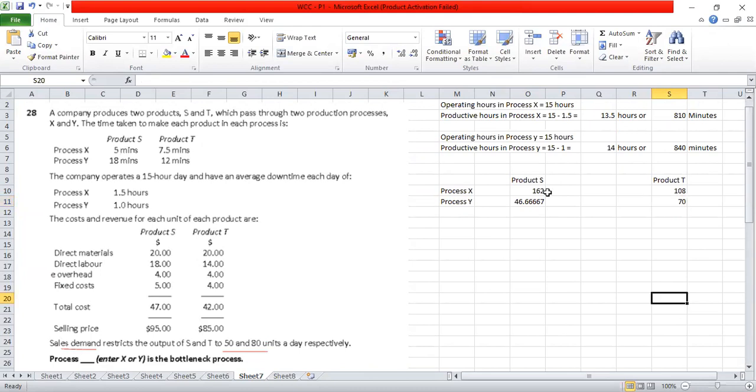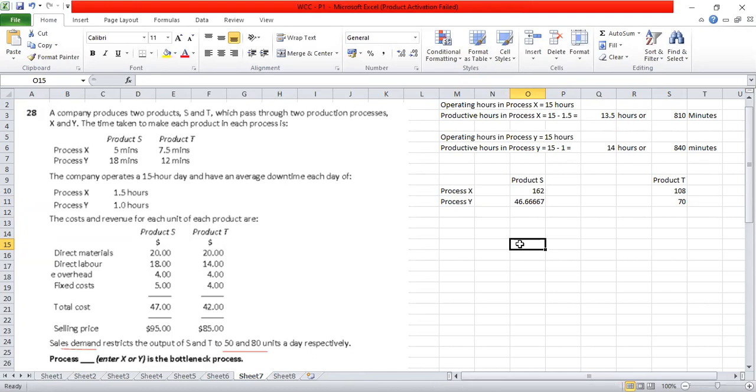When the demand is 50 and 80, the profit has to be maximized. The profit can be maximized by catering to the demand from the customers, which is 50 units and 80 units. When they sell all 50 units and all 80 units, whatever their desired objective is can be fulfilled. But in process Y, the available time is enabling them to make only 47 units and 70 units of S and T.